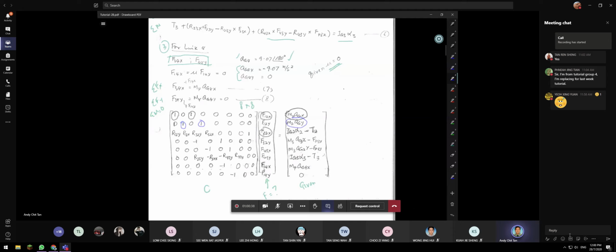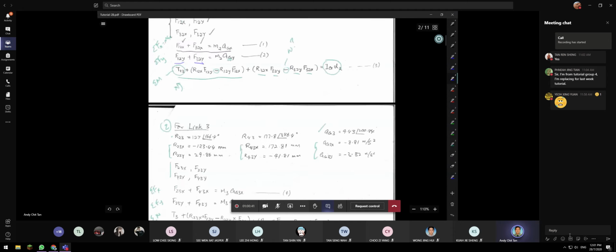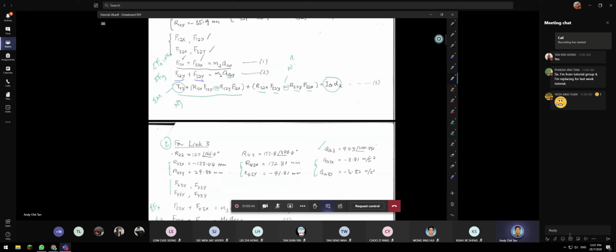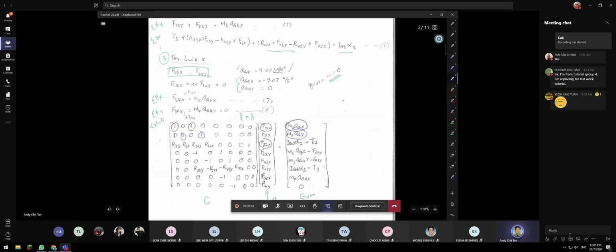Now you come to equation number 3. Here we have a mixture of R and F. R is a given value, F is an unknown value, isn't it? So we use the R_y and R_x, and then we have F. The F is brought onto the column matrix. Now this value becomes I_G alpha minus T12. You put the known value on one side.